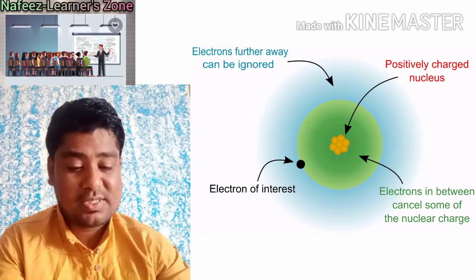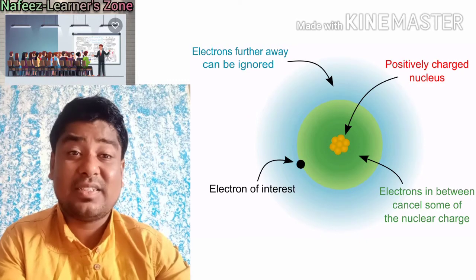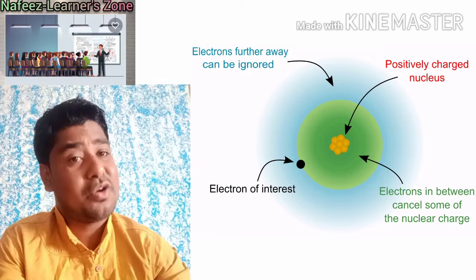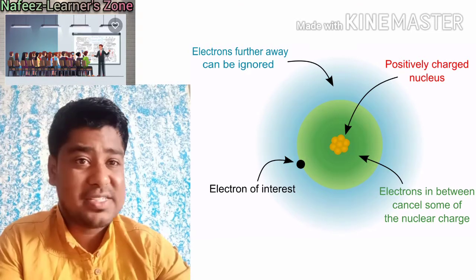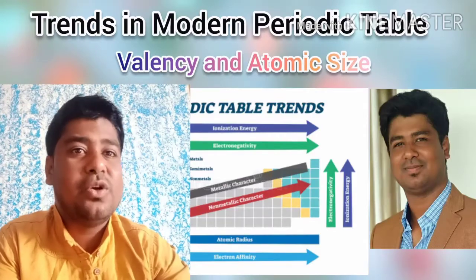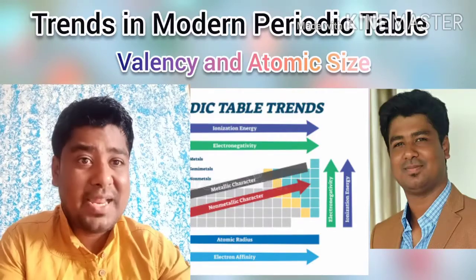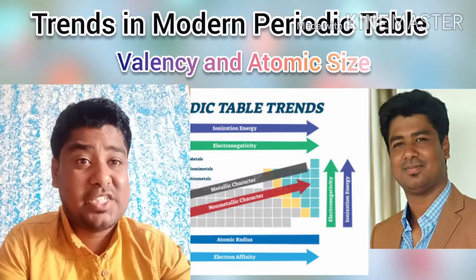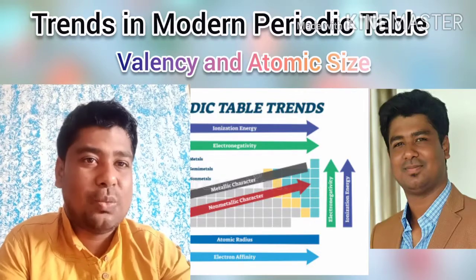Okay, because it will be held by the nuclear force, the force between the nucleus and the outermost electrons, that we had discussed in the periodic classification of elements. If you haven't watched that video, please go back in my playlist and watch the videos on the periodic classification of elements chapter, and come back to watch this.